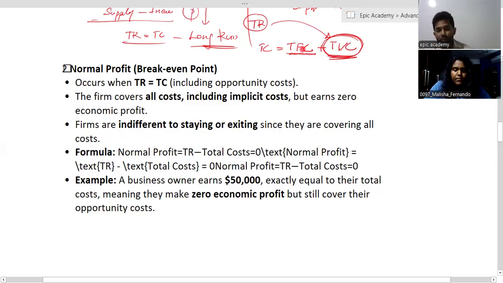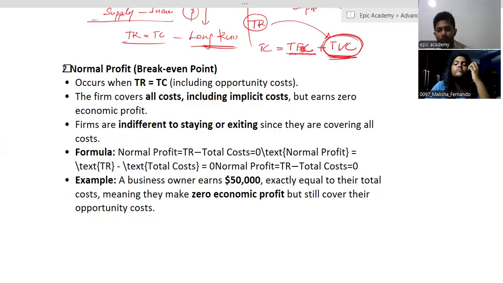If you can do it, you can continue the production. For example, if the earning of the firm is not enough to cover the total variable cost, then take the decision to shut down the entire organization, because continuing that kind of organization always creates big losses.